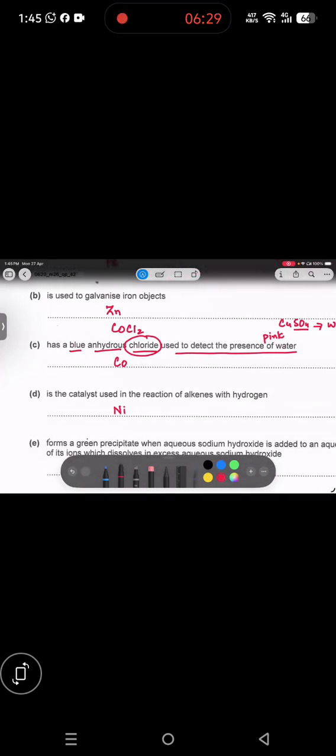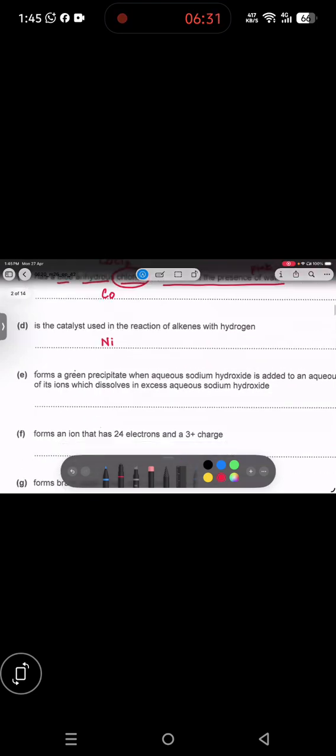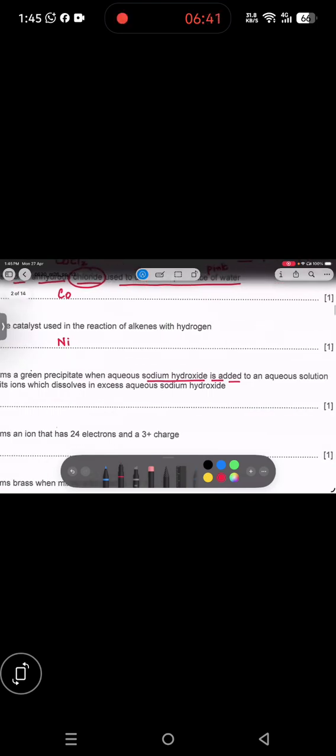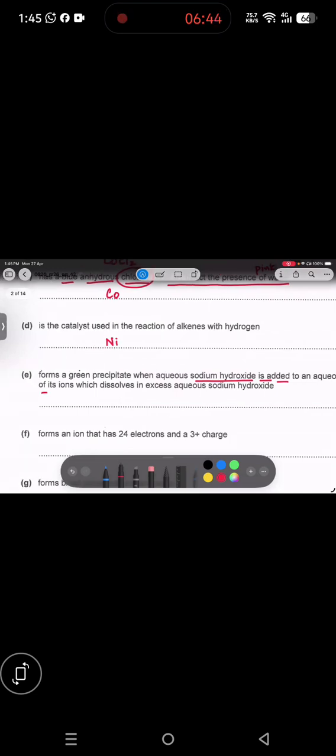Now the next one. Forms a green precipitate when aqueous sodium hydroxide is added to an aqueous solution of its ions, which dissolve in aqueous sodium hydroxide solution.